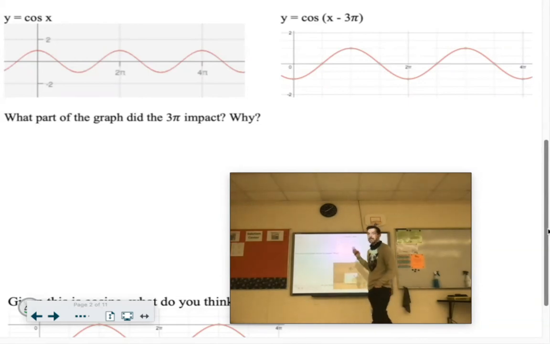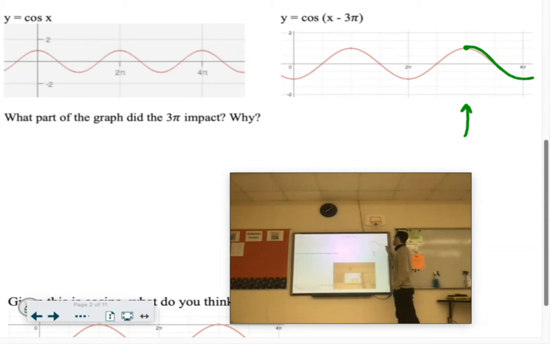Now, if this says minus 3 pi, my head always goes backwards with these. So if it's minus, we have to shift it right that many units. So this one is going to shift the graph of cosine to the right 3 pi. So if you look starting at 3 pi, which is here, that would be the start of our cosine graph. So everything is shifted to the right 3 pi.